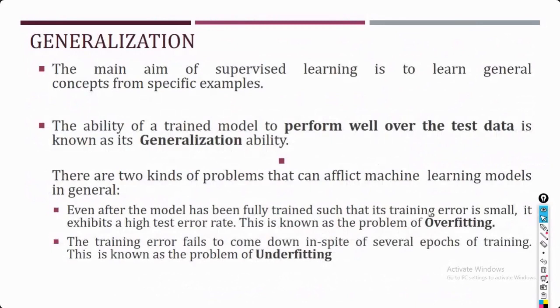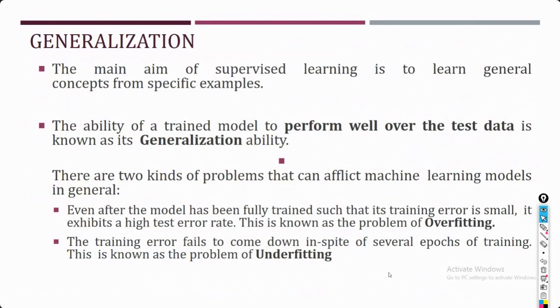The main task of supervised learning, whether it's classification or regression, is that we want to create a model which should work well for your test data. It should not be the case that it works for your training data but not for the test data. Our main objective is to predict the class label for unknown instances. So your model should be well generalized. That means your model should be a general one, and it should also work well for your test data.